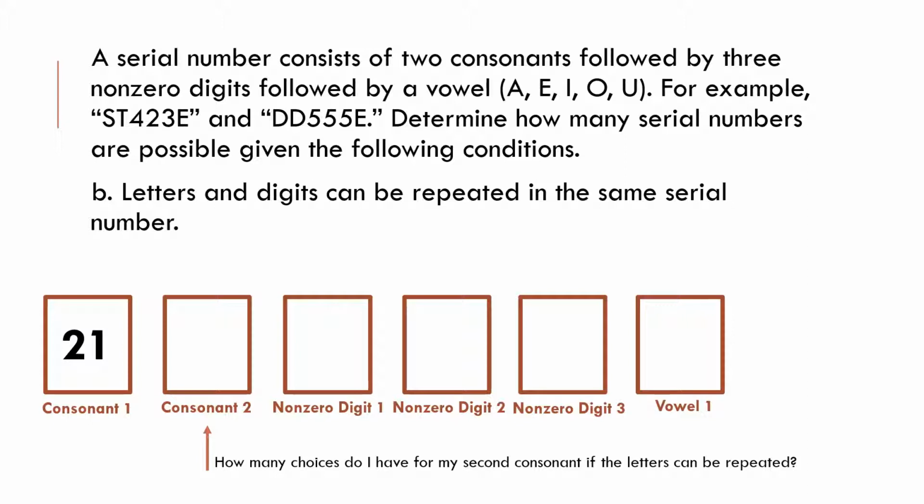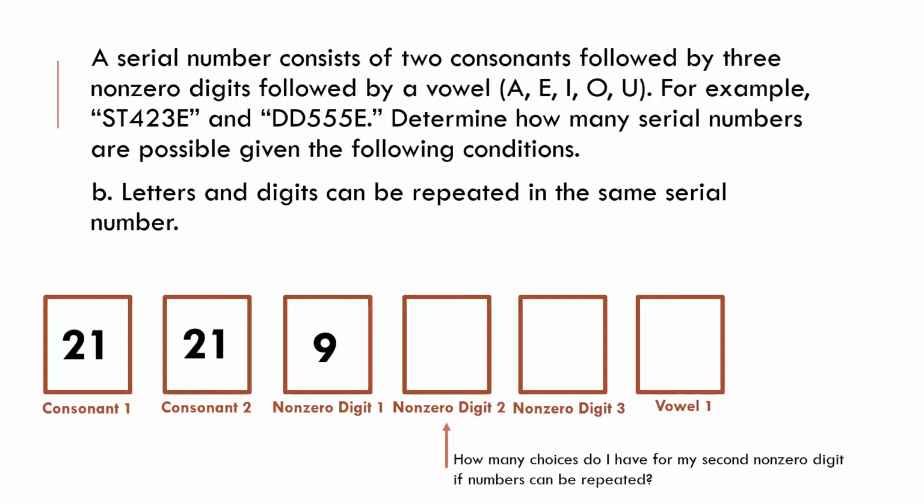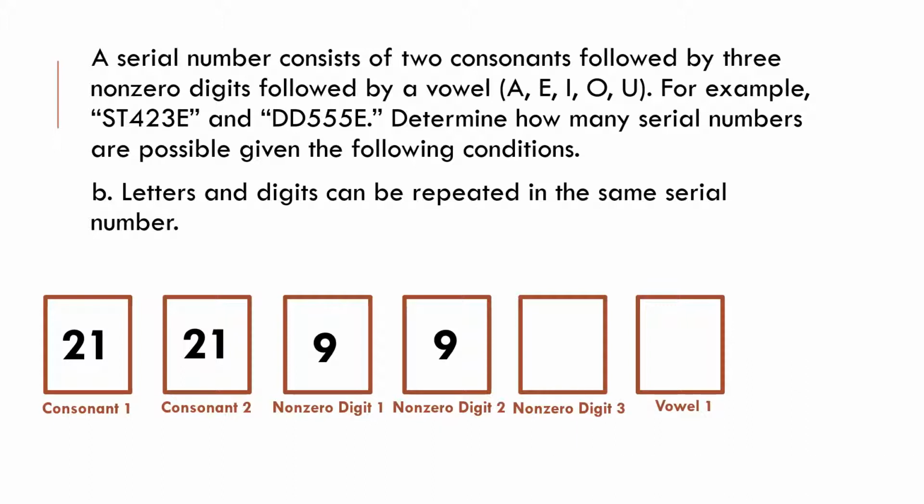Since I can repeat my letters, I'm still going to have 21 options for the second consonant, because I could just repeat the same letter. For my first non-zero digit, I have 9 options. For my second and third non-zero digits, I still have 9 options because I can repeat the numbers. And for my vowel, I have 5 options.